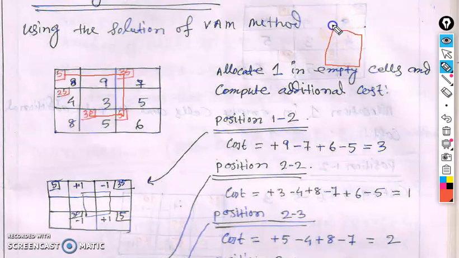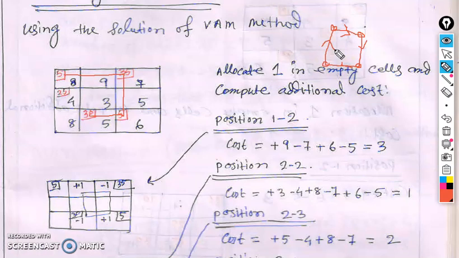If each one is an occupied cell, each one is an occupied cell, this one is an occupied cell, and this one is an occupied cell, this becomes a loop. You can make an arrow here, here, here, and this one. You can construct a loop using this.